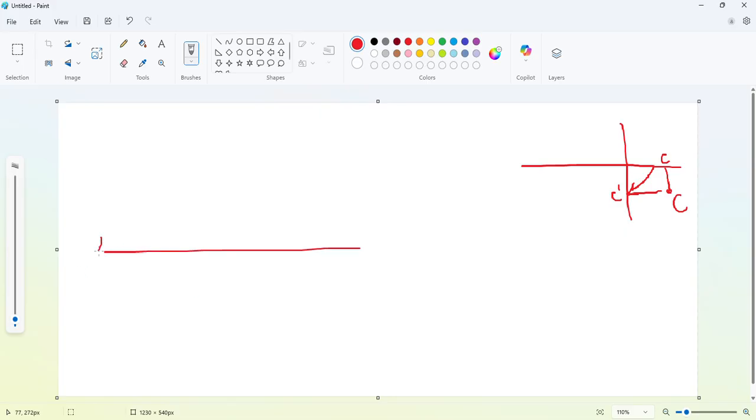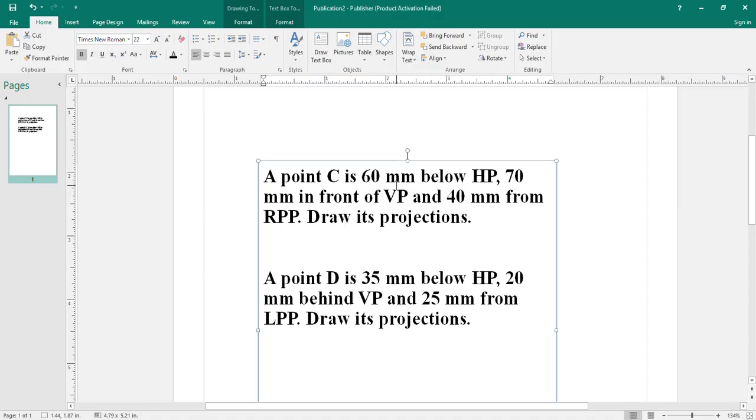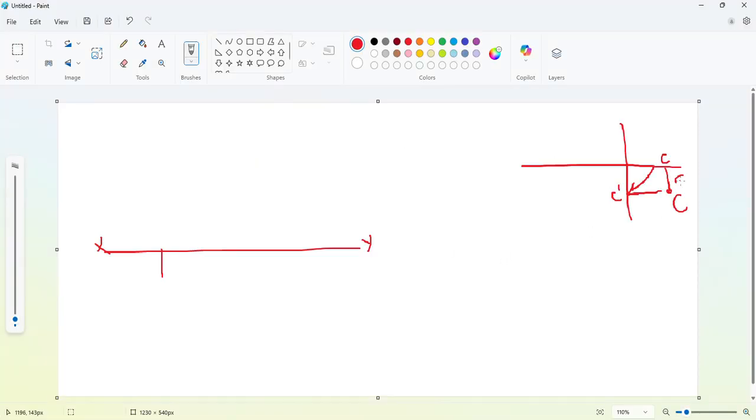So again, on the XY line, point C will be like this, and the distance below HP is 60 mm and in front of VP is 70 mm. So C dash is at a distance of 60 mm from the origin and C is at 70 mm.